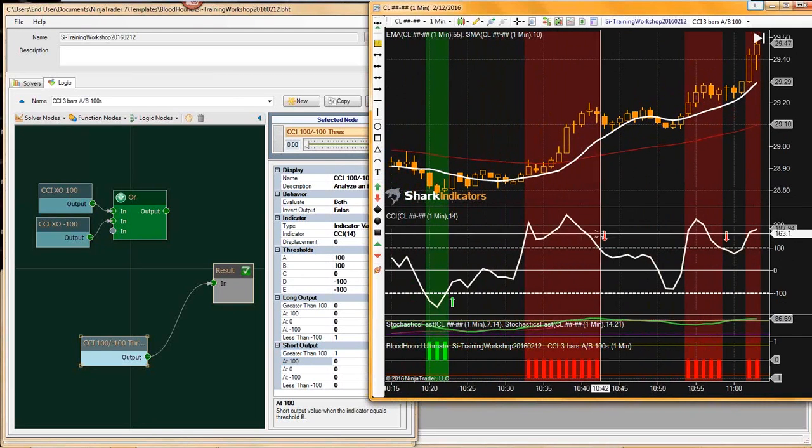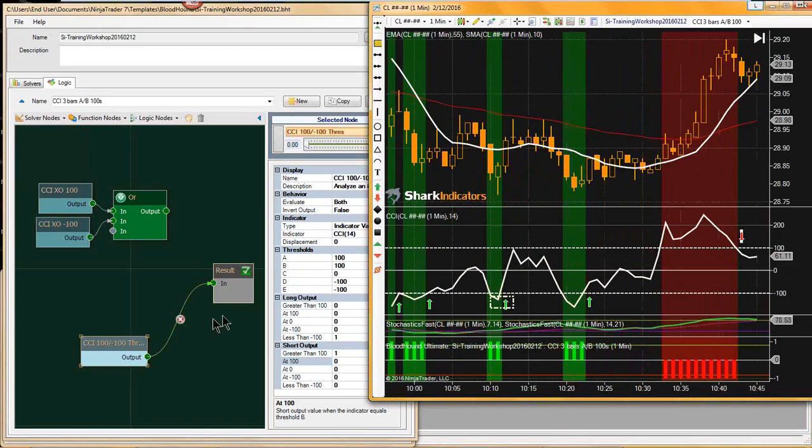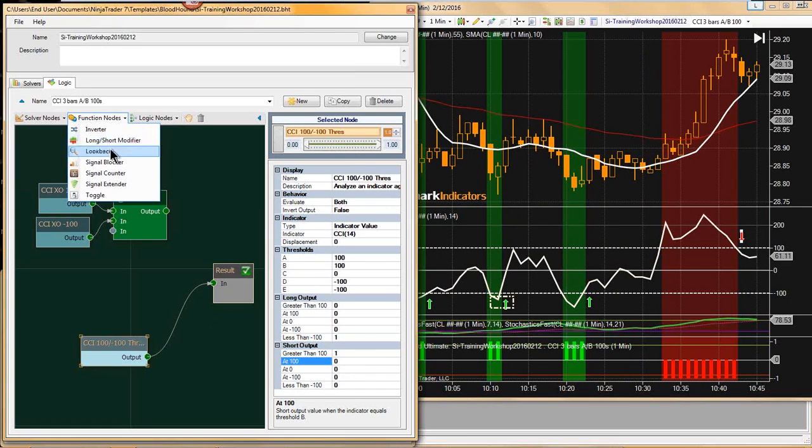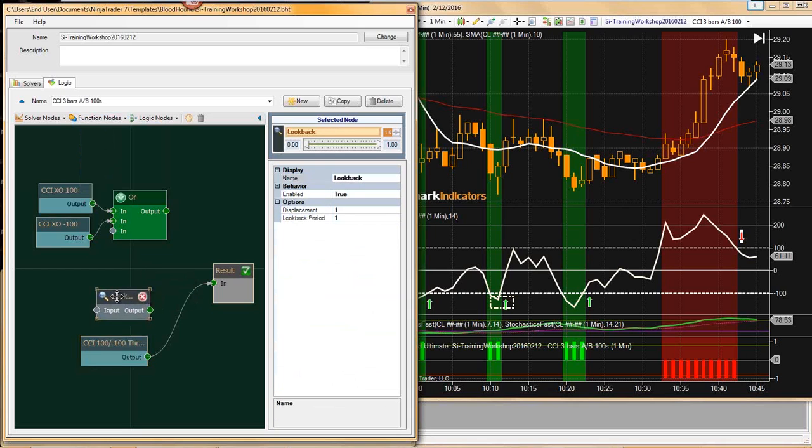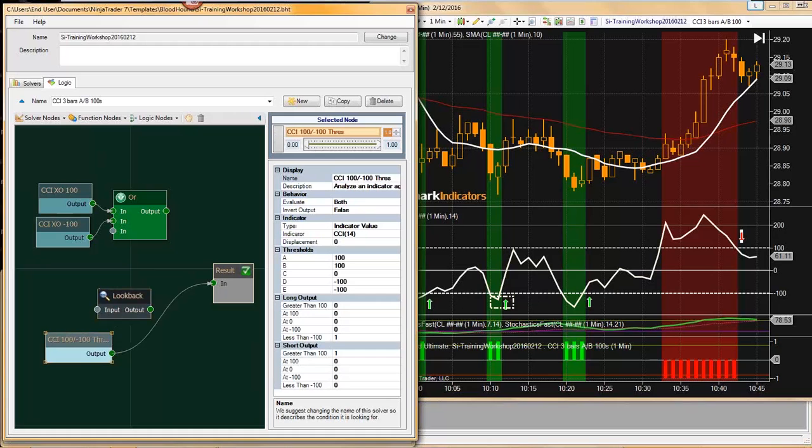We can see the output matches our arrows, or the output matches our crossover conditions. Okay, so the next step is we're going to use this look back function node to identify when the CCI has been above or below the 100s for more than 3 bars.